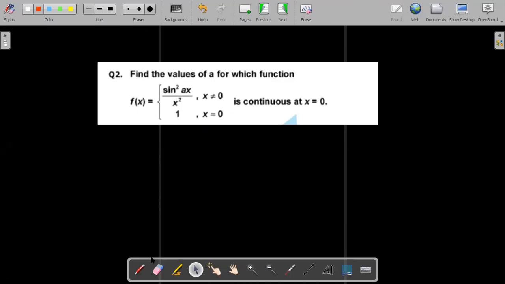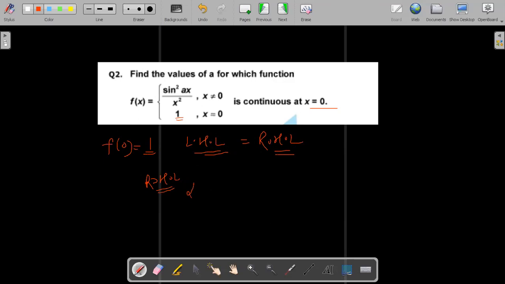All right, so I'm solving this part. For x equals 0, they are saying it is continuous, and f of 0 we are getting 1. This is clear. Now we will calculate LHL or RHL. Since this question is continuous, we do not need to calculate both LHL and RHL. We will calculate only RHL or LHL.